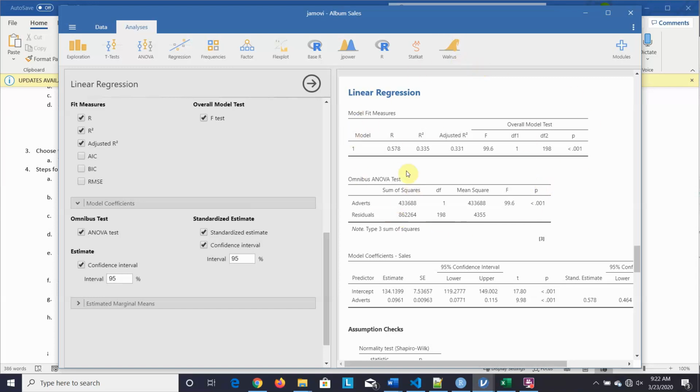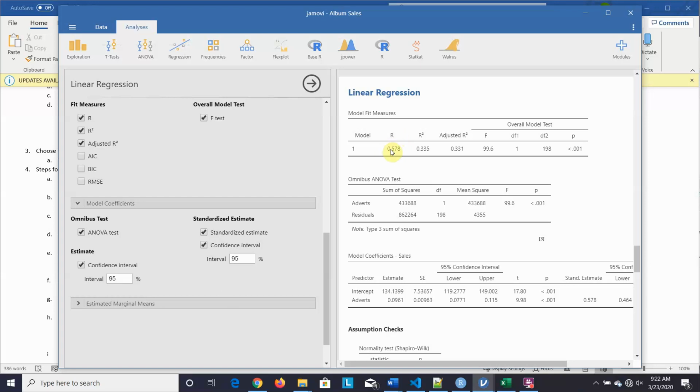So let's look at the model overall numbers first. I'm up here on this model fit measures, and we have an R and an R squared. You'll see this is a capital R. Last time we looked at Pearson correlations, and we looked at a lowercase r.